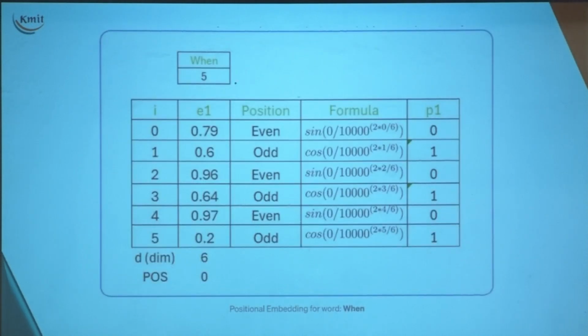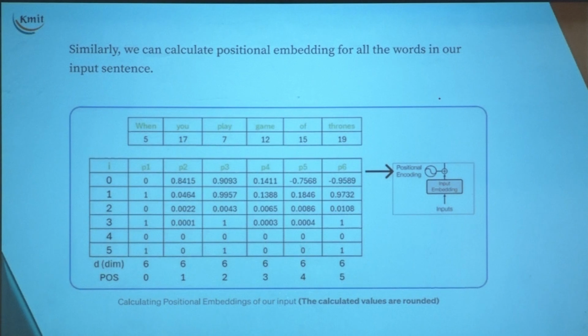For every word I have to calculate. When I take the word embeddings and apply them in the formula, I get what? P1. Similarly I will do it for P1, P2, P3, P4, P5, P6. So in the previous step I have done this, and in this step I have done this.